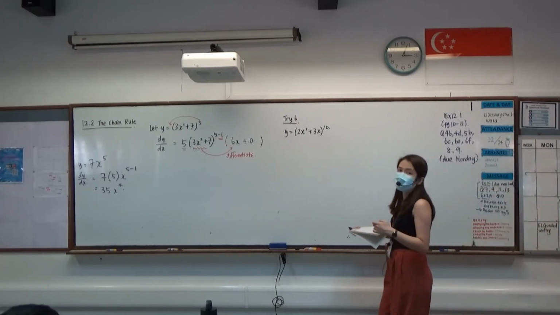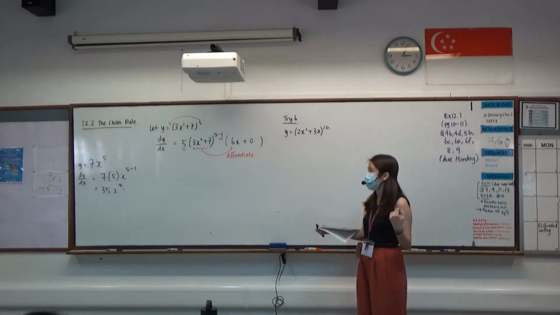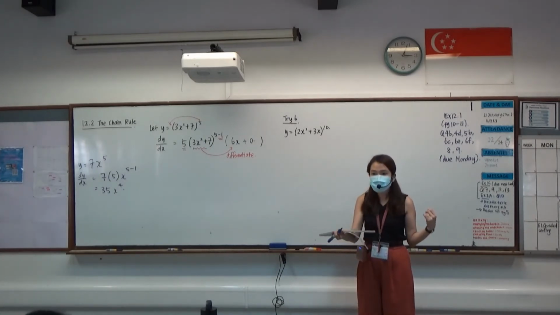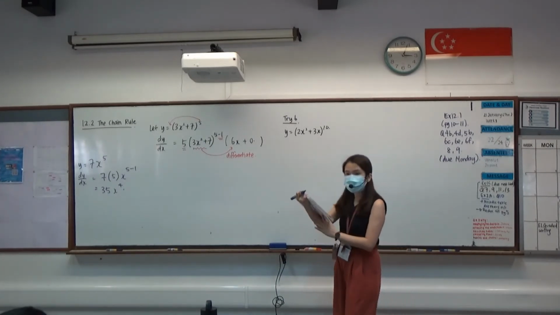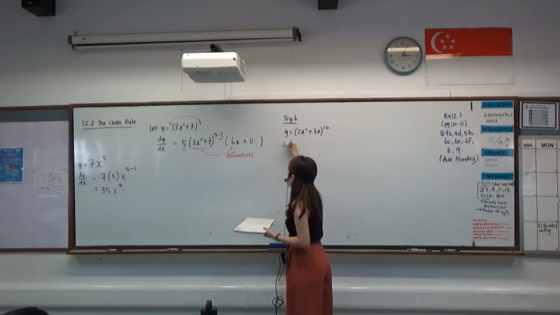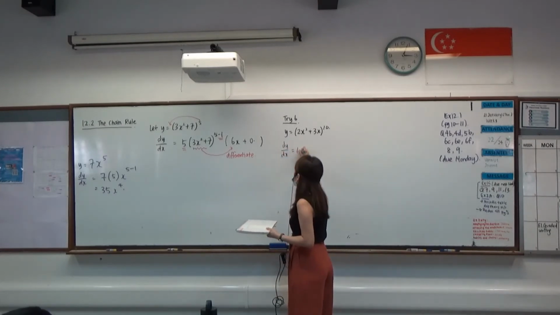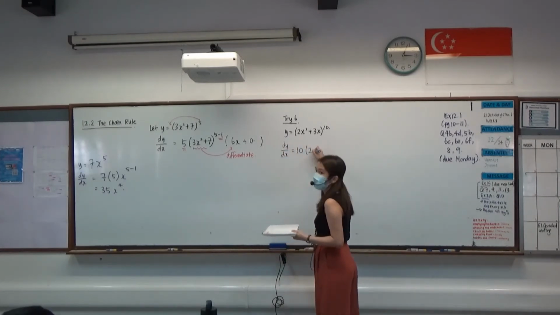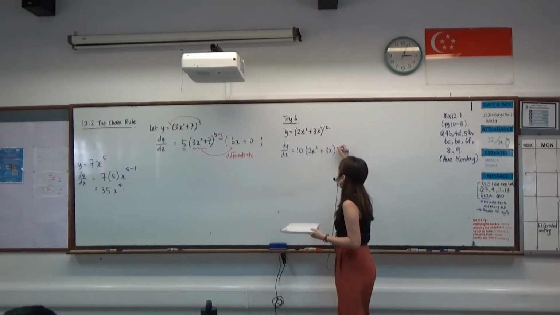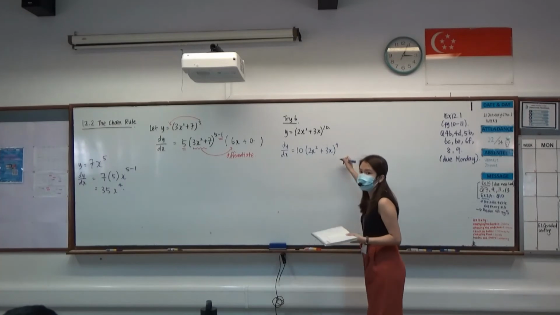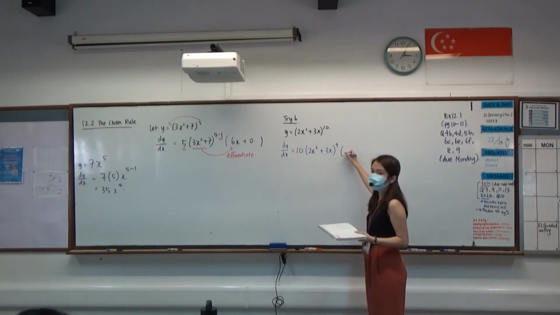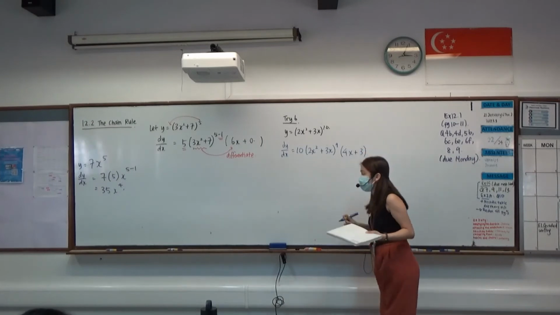Okay, what do you think? Maybe answer? dy over dx is equals to? 10 bracket 2x squared plus 3x to the power of 3. Okay. And times 4x plus 6. Yes, very good.